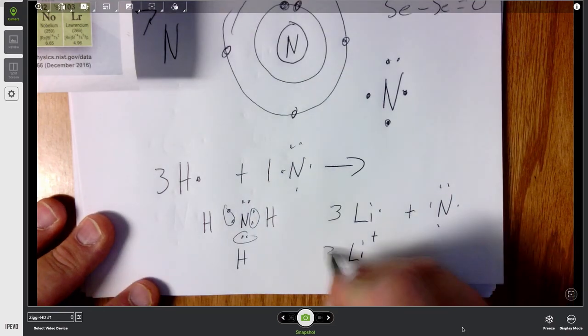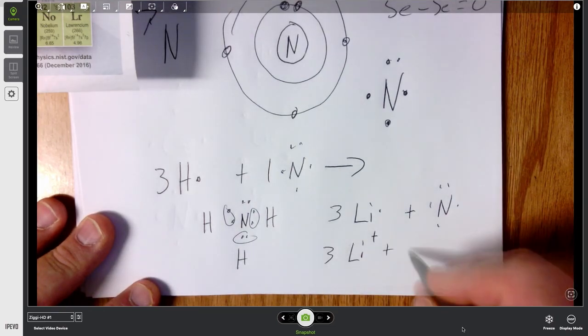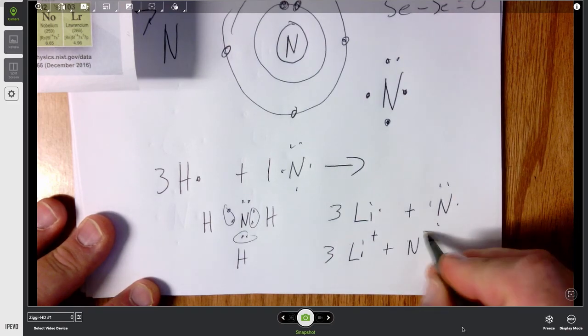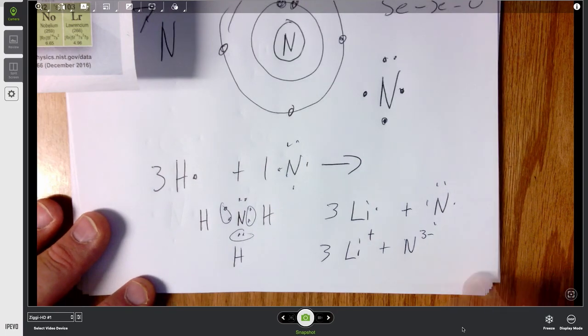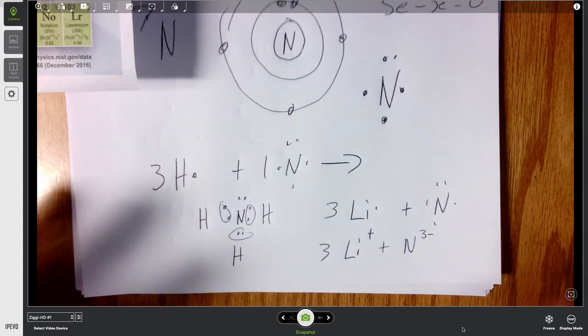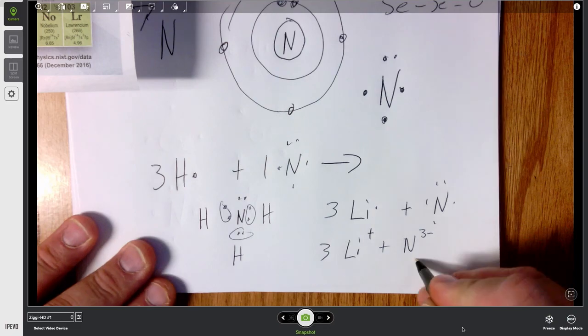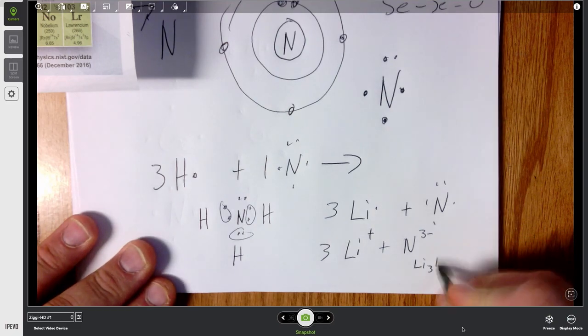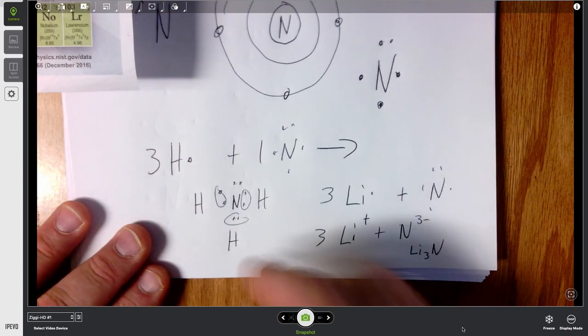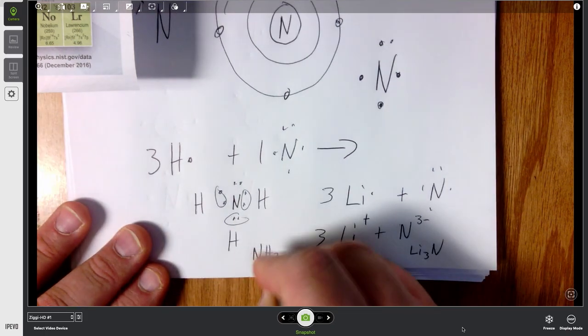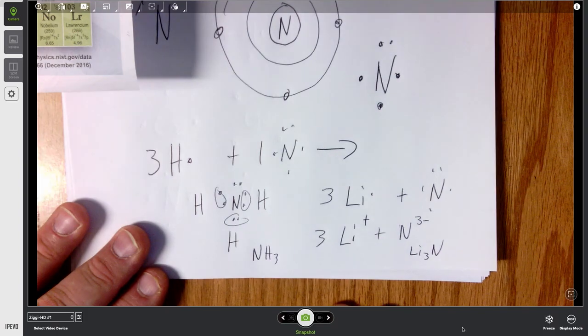So we'll have 3 positively charged lithiums plus 1 3 minus charged nitrogen, and it will form a compound. Okay? And they'll be attracted to each other, and we end up with Li3N. This one is NH3. So that's where we're going with it.